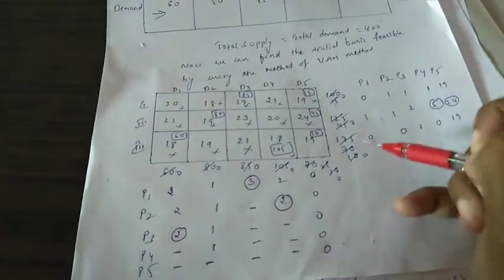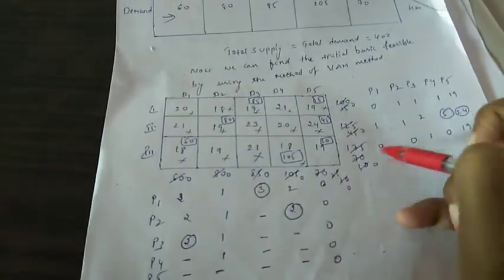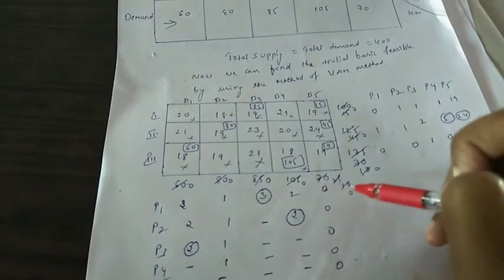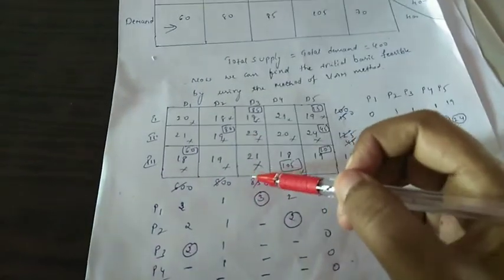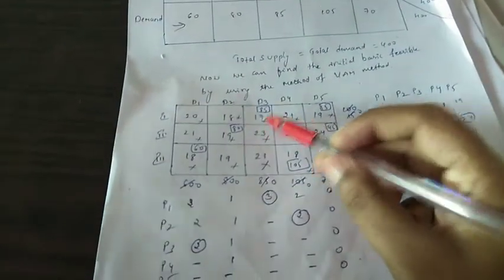Among all the penalty 1 values we choose the maximum. Among 0, 1, 0, 2, 1, 3, 2, 0, the maximum is 3, and in this column, among 23, 21, 19, the minimum is 19.